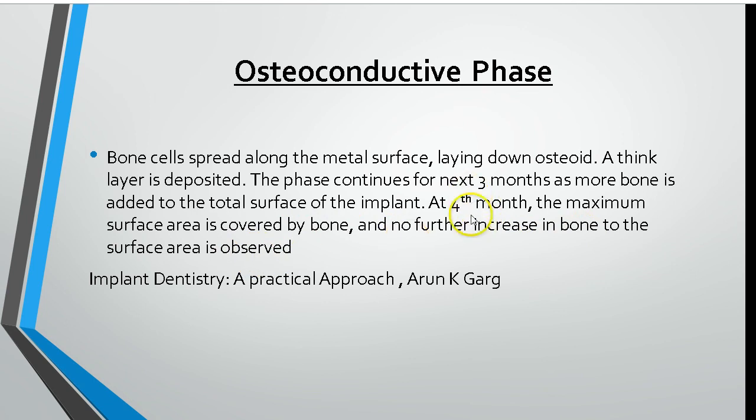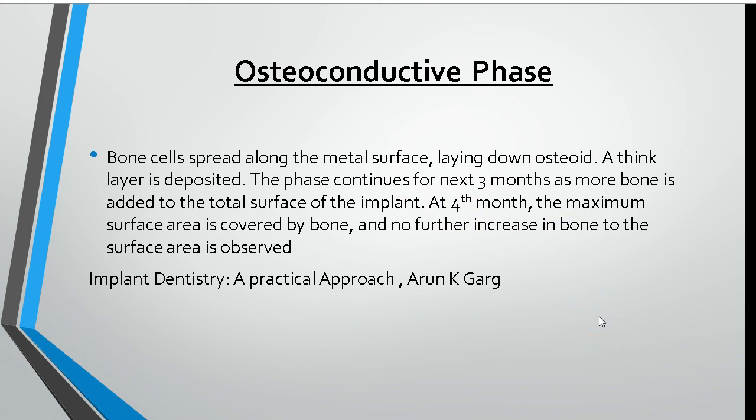So basically, whatever bone is created around the implant up to four months, after four months there is no net gain or loss. All the osteogenesis developing during the conduction phase will happen up to four months. You do get some very minimal bone loss after four months as we get older, and we'll talk about that later.